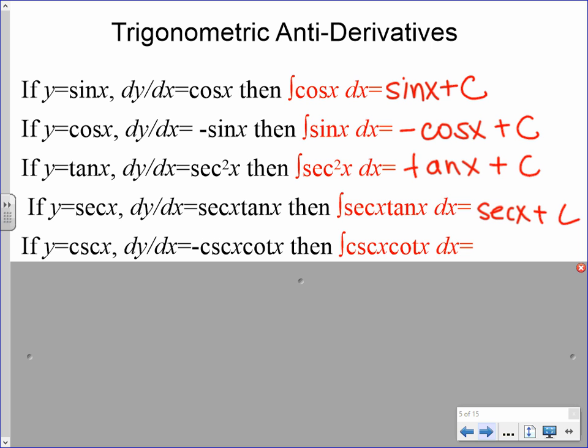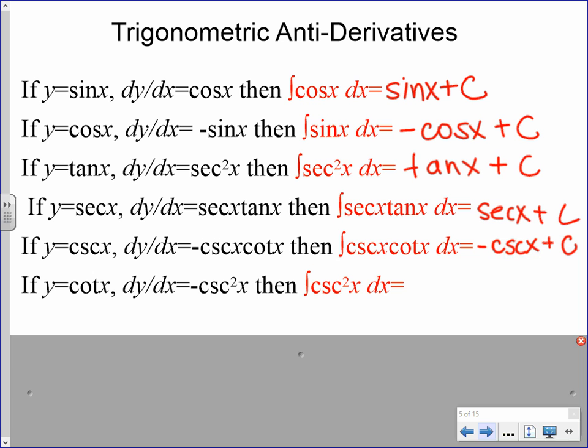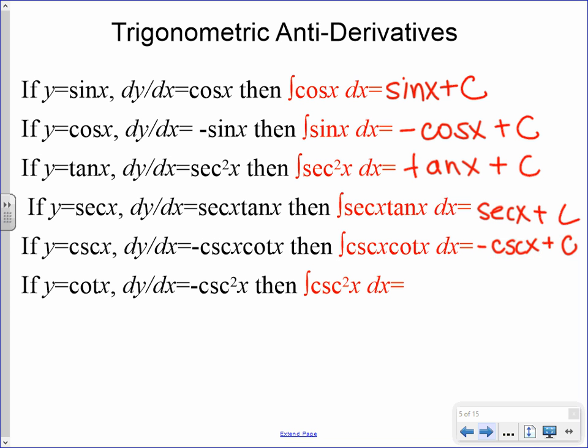So the antiderivative of cosecant cotangent is negative cosecant. And last but not least, we know that the derivative of cotangent is negative cosecant squared. So the antiderivative of cosecant squared is negative cotangent x plus c.